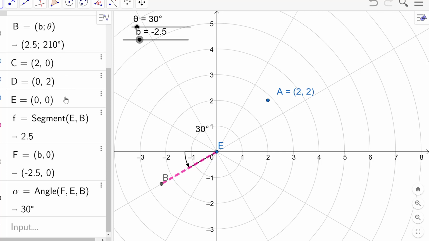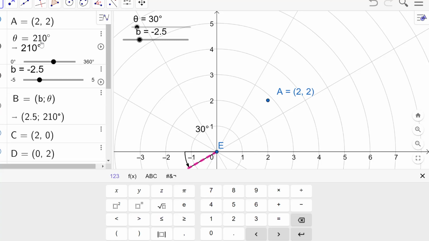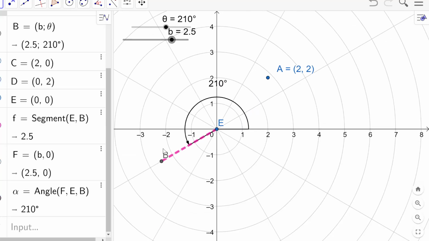If I make theta equal to 210 and then make B 2.5, I get the exact same coordinate. So points in polar coordinates can have the same place on the graph with different coordinates.